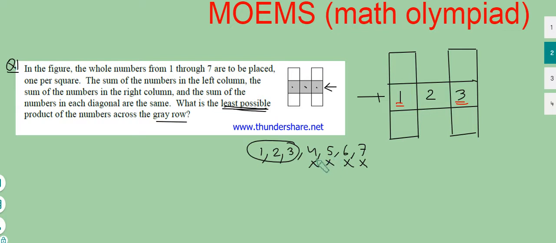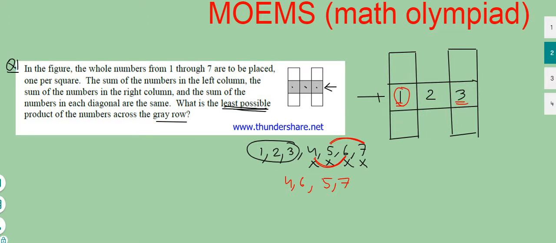So 6 and 4, you are getting 10, and 7 plus 5, you are getting 12. So the difference is 2, and as the difference is 2, we can see over here, this is 1 and this is 3, so the difference here is also 2.